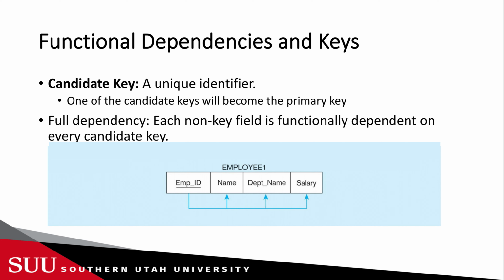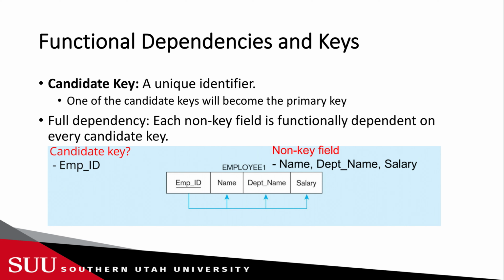Now, a full dependency is present when each of the non-key fields functionally depends on the candidate key. So what is our candidate key? In this case, we said it's employee ID.